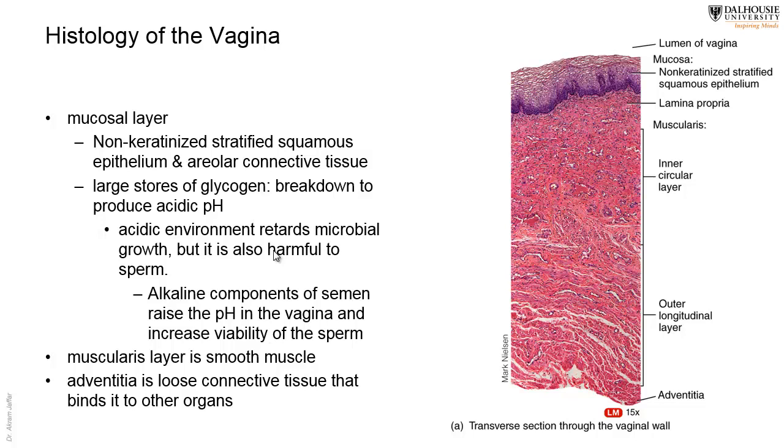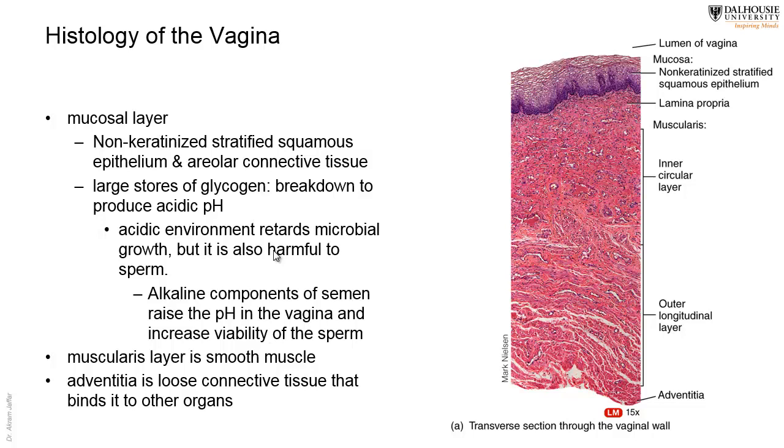These cells have a special ability to produce glycogen, and this glycogen is acted upon by non-harmful bacteria called lactobacilli, which are present in the vagina, and they produce lactic acid. This will increase the acidity of the vagina. We mentioned that previously, and this will act as a protection against harmful microorganisms like fungi or other harmful bacteria.